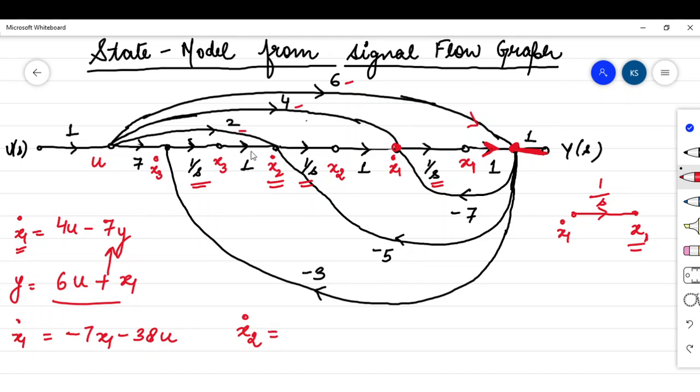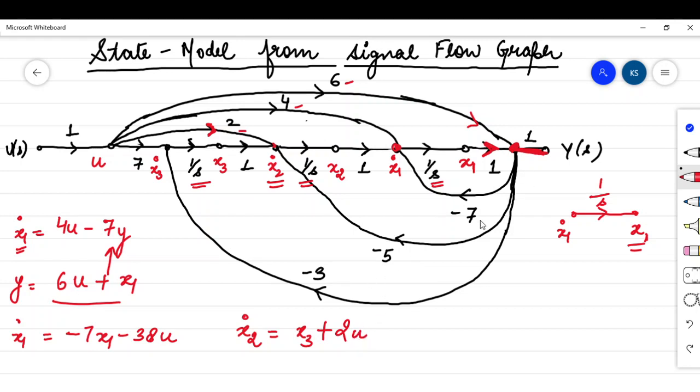Now we are interested in finding the second state variable's first order equation, that is x2 dot. We will see the incoming branches entering it. First is x3 into 1, so we will write it as x3. Another branch entering is 2 into u, so we will write it as plus 2u.